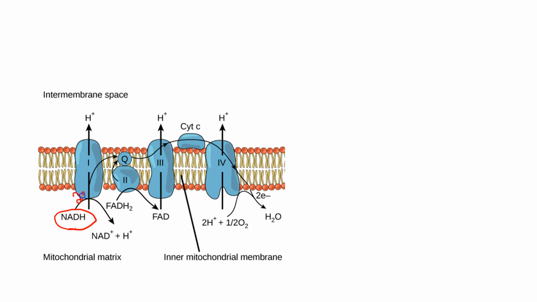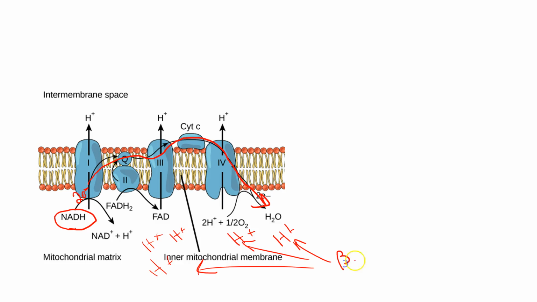It dumps those 2 electrons off at the electron transport chain, which is all this stuff that you see here. The electrons will flow through the series of all of these complexes, and as they do that, there's a whole bunch of hydrogen ions in here, inside the matrix, and the reason these hydrogen ions are here in the first place is because they are there from the breakdown of glucose.